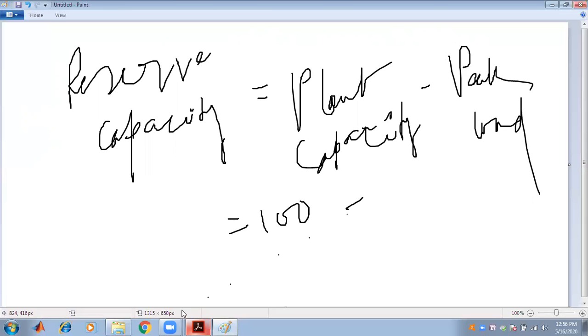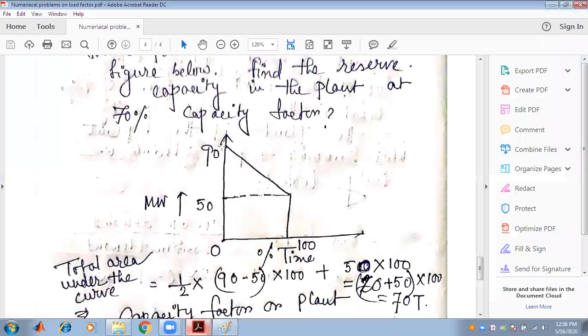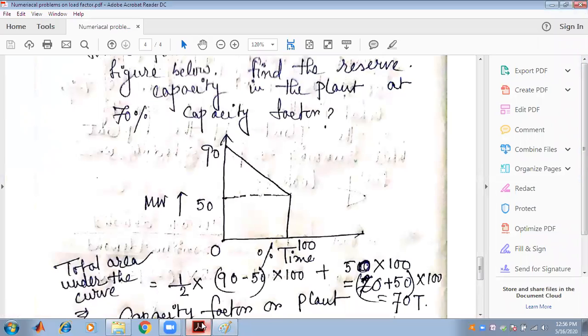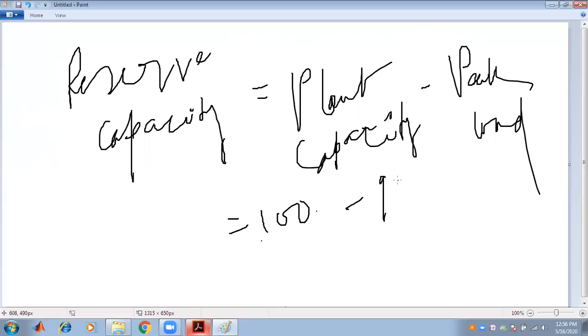And what is the peak load? Peak load is found from here, 90. So 100 minus 90 is 10. So the answer is 10 megawatt is the plant reserve capacity. This is our answer.